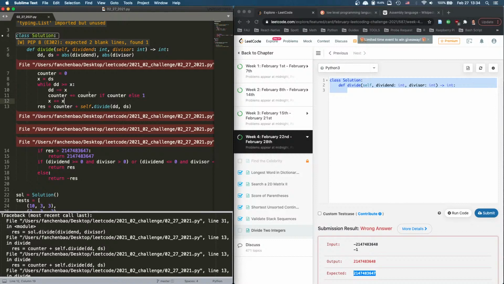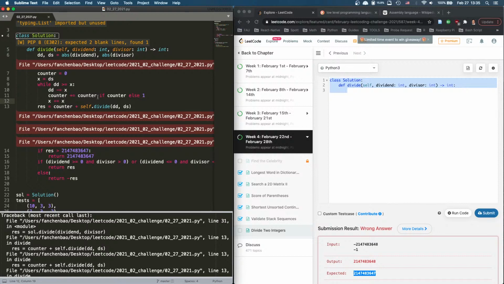Oh, counter double itself. It cannot double itself. Counter has to be incremented, like add counter times 2. No, not counter times 2.